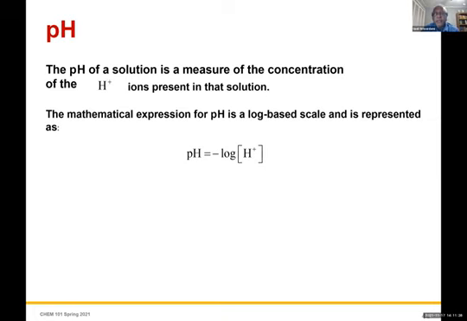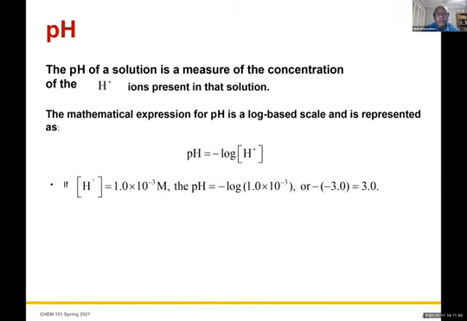You can undo pH, given the pH, to get the hydronium ion concentration. You change the pH sign, multiply by negative, and take 10 to the x. The inverse of log is 10 to the x. 10 to the x undoes the log.